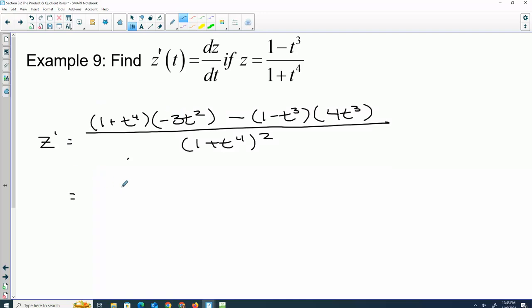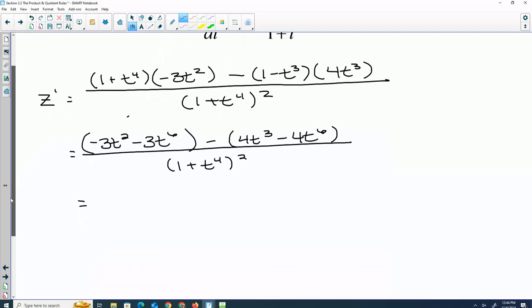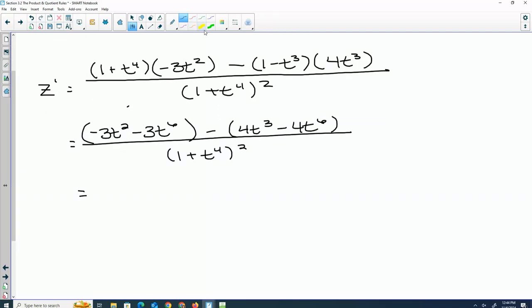So if I distribute my negative 3t squared, I get 3t squared minus 3t to the 6th. Minus the other one, I distribute the 4t cubed. If we were to distribute that negative first, would it just go to the first parenthesis? Yes.